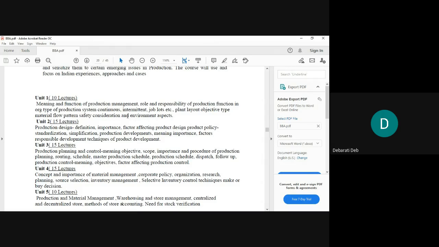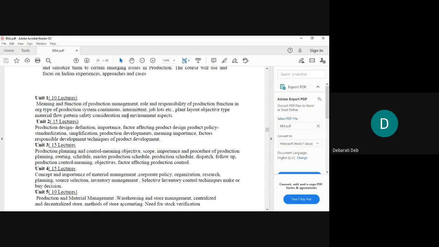Then the plant layout assignment should be finished by today. Today is the third week that we are starting. After the completion of unit 2, that is production design, another assignment will be given to you. Then we move on to unit 3.